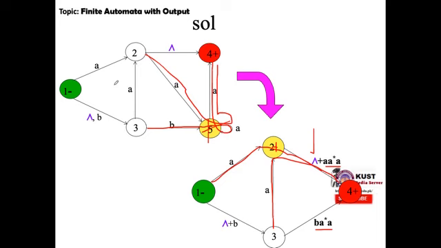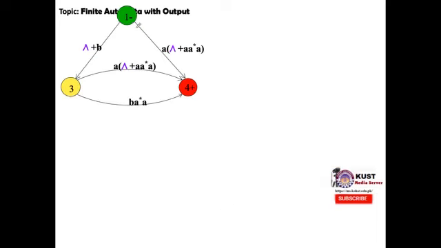From 3 to 4 and from 1 to 4 there is a path. 3 to 4 it is A concatenated with this, and 1 to 4 it's A concatenated with this.